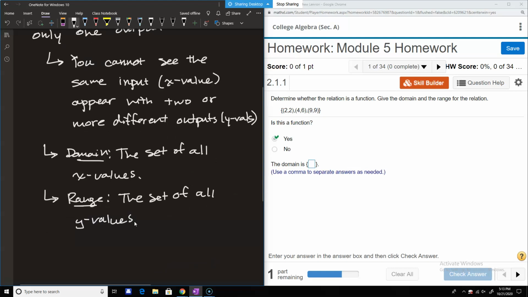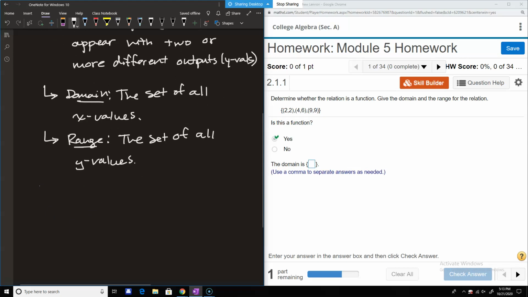So if you're looking at the notes so that it's not absent of context, let's just say given S is equal to this thing we have here, 2, 2, 4, 6, and 9, 9, we would have the domain. We just list the X values.